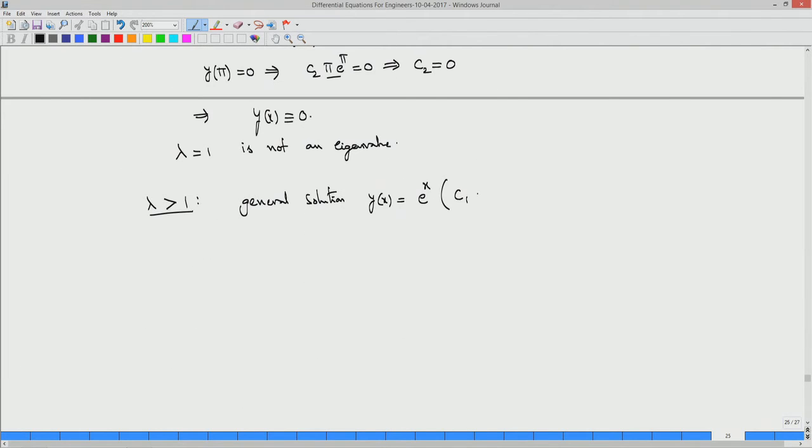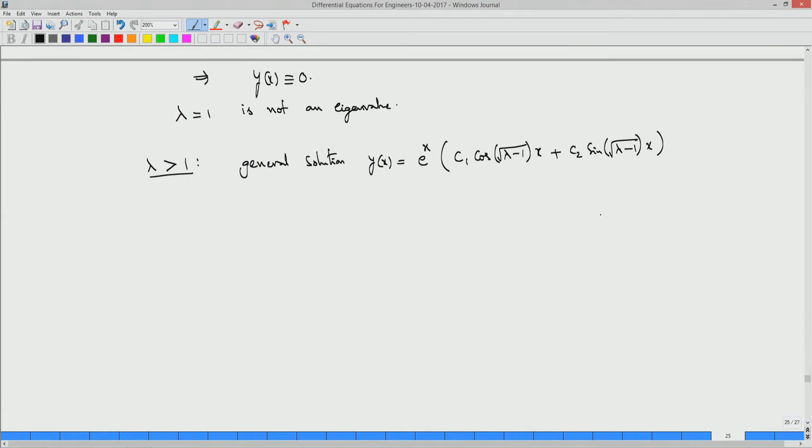So we write y(x) as e^x times [c1 cos(√(λ−1) x) plus c2 sin(√(λ−1) x)], with e^x outside. So this is your general solution.